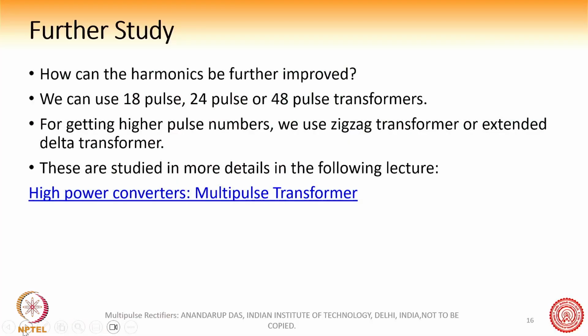Now this concludes what a 12 pulse transformer is. In many cases we actually try to improve the harmonics further. With a 12 pulse transformer, often with a low value of inductance, we may not always be able to maintain the THD less than 5%. Sometimes the THD can go more than 5%, 7-8% it can go, with a 12 pulse transformer.